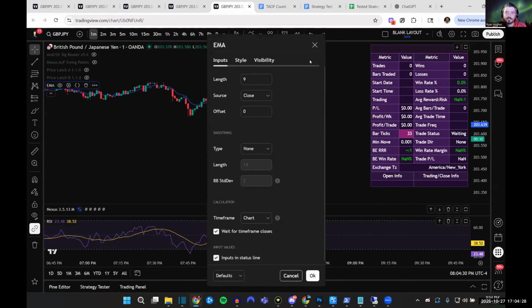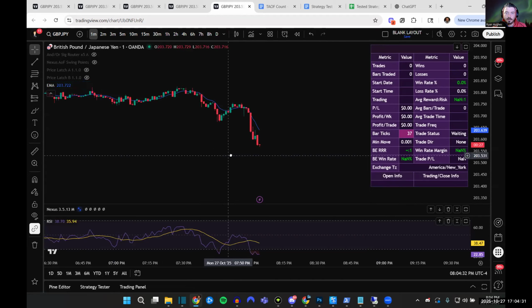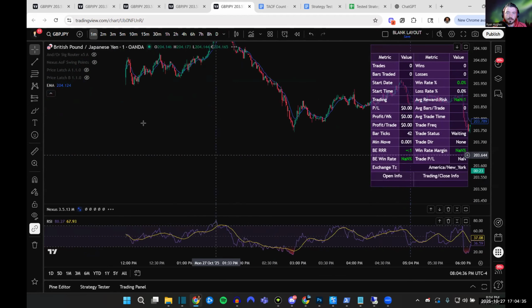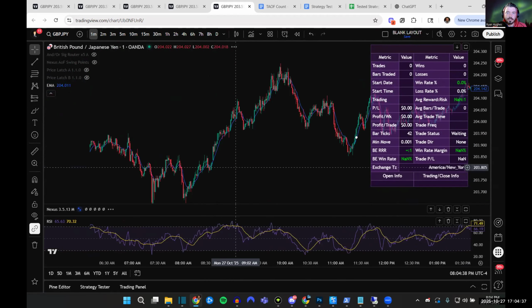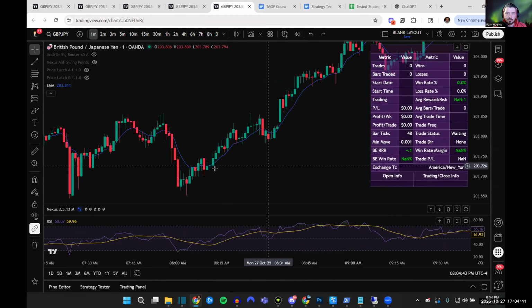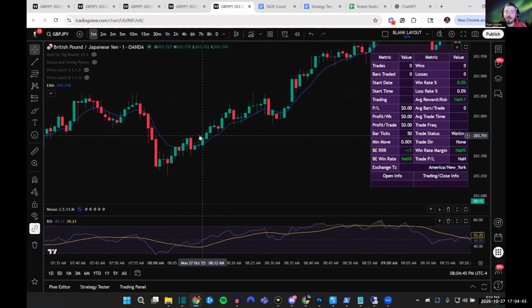Okay, it's already set to a 9. Let's scroll back to where we were going up instead of way down. Here we go. You said price crossing above the 9 period EMA, is that correct? Yes, sir.